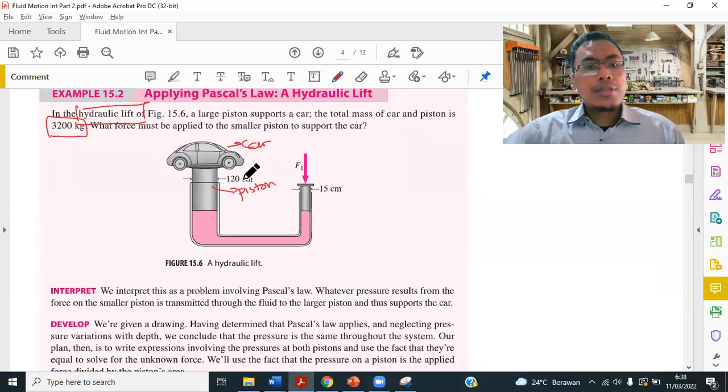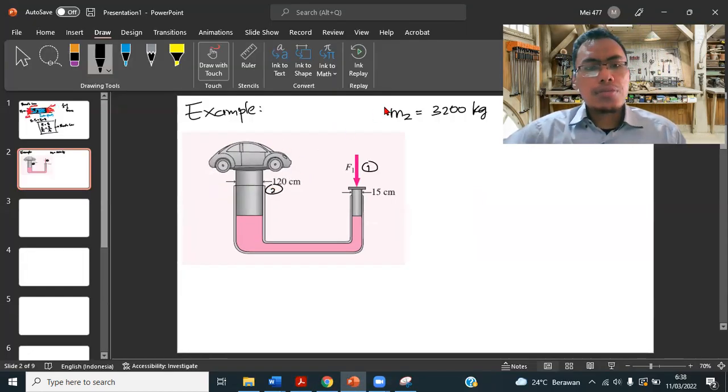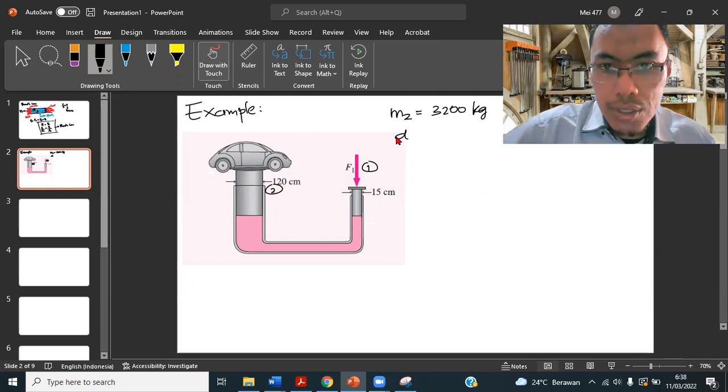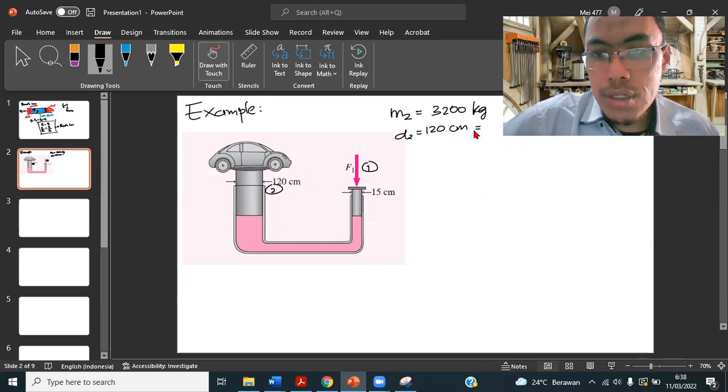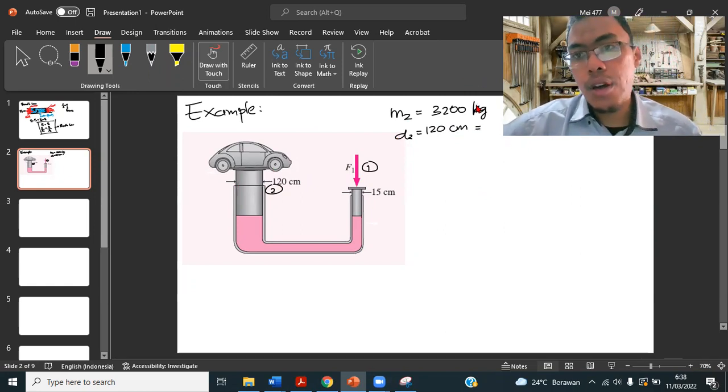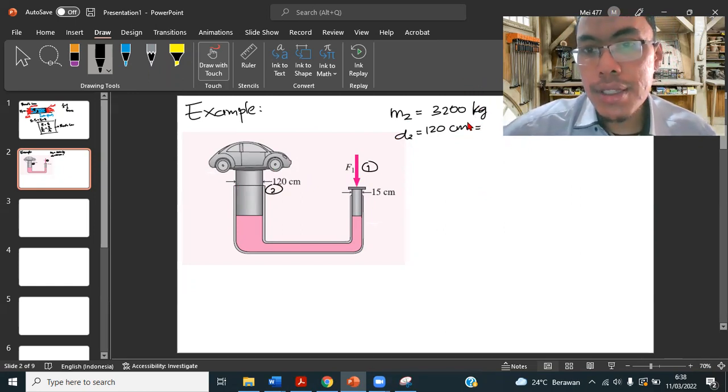and then the diameter of the piston. The piston is a circle, so it has a diameter, so the D2 is 120 centimeter, and this one is not an international standard unit, so we have to convert it into meter.